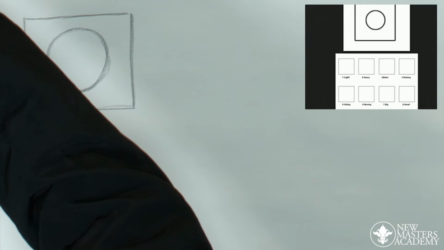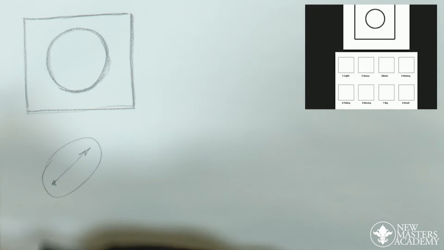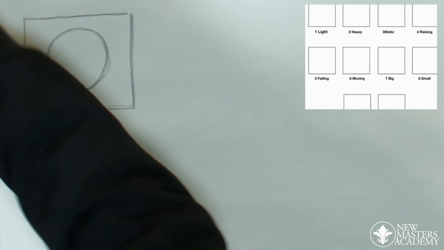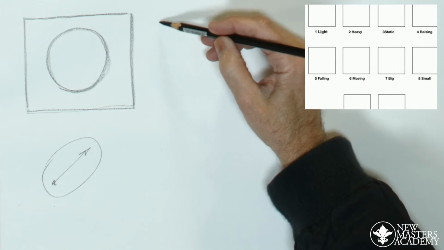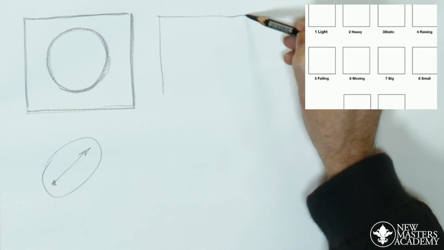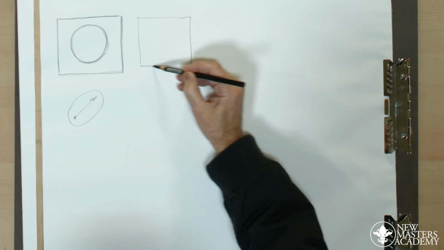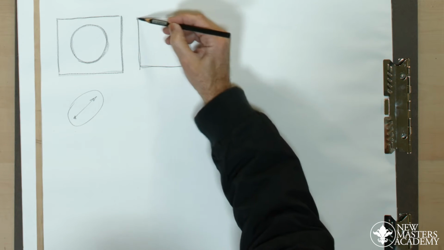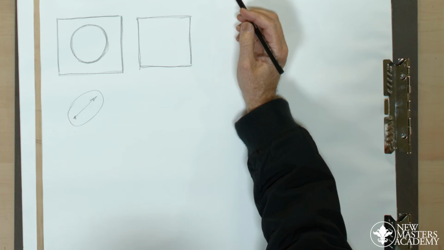Now, what I want you to do is draw like 8 or 9 more squares, or 10, how about 10? I want you to draw 10 squares, and in these squares what we're going to do is change the size of the circle and the position of the circle, okay?